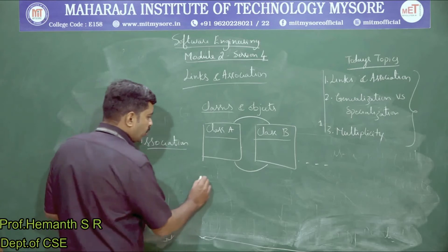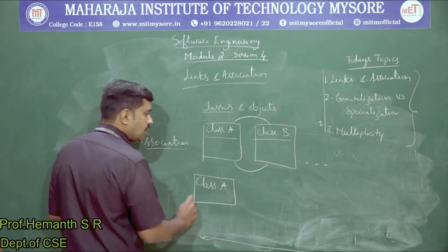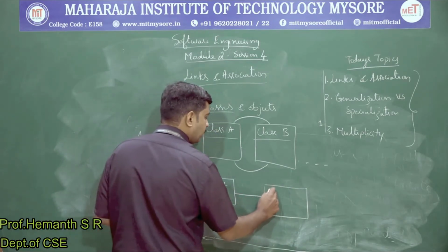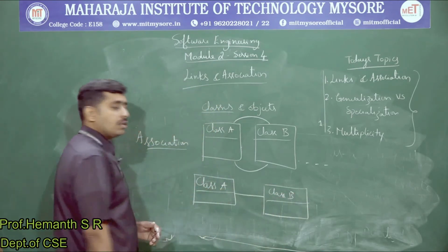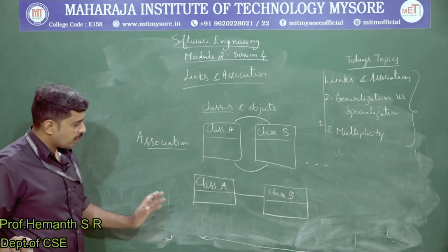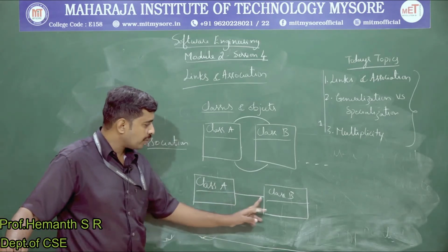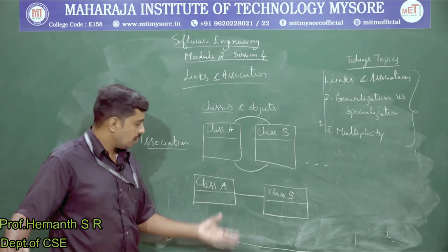One more point we need to note down is that the interaction or association between the classes will be represented using a straight line connecting the 2 classes. For example, I want to represent association between class A and class B. So I'll draw a straight line between class A and class B. What exactly is that association?